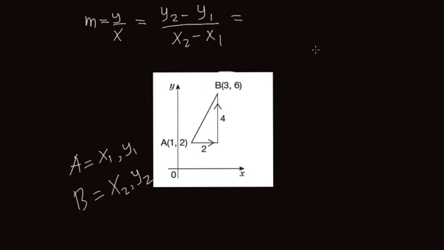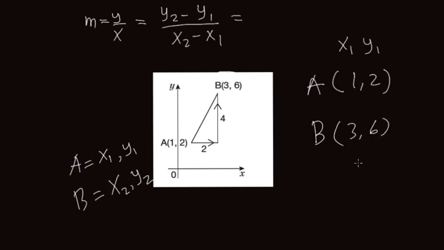I make A 1 comma 2. This will be x1, y1. B is 3 comma 6. 3 is for x2, 6 is for y2.